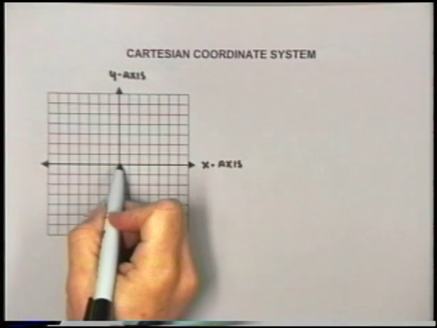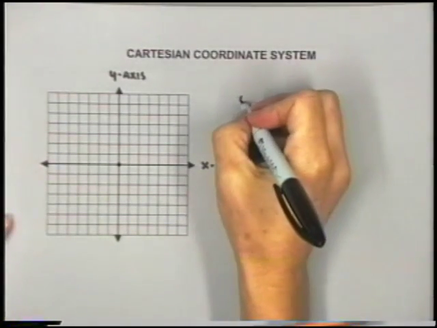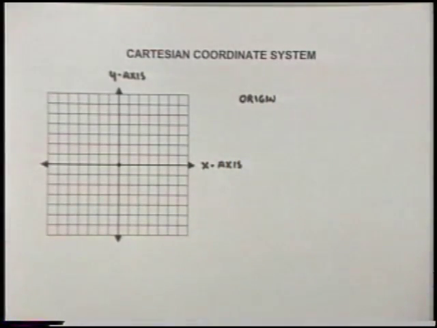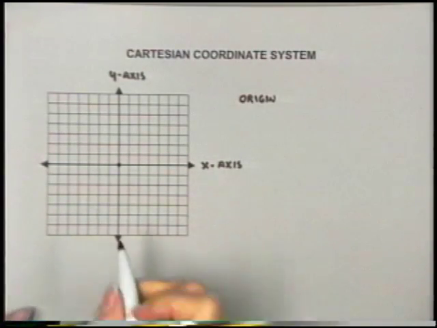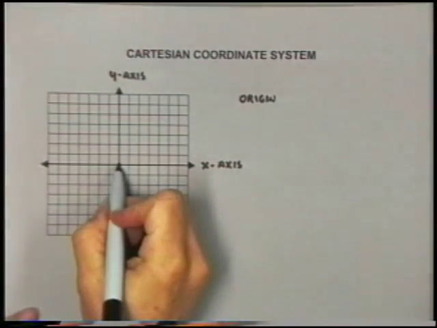We consider this point right here, where our two axes intersect each other, as the origin. I'll write that word over here. The origin represents the 0 point on each of these number lines. Now on this x-axis, since this is the origin, remember origin means beginning place in a sense, we will start here.